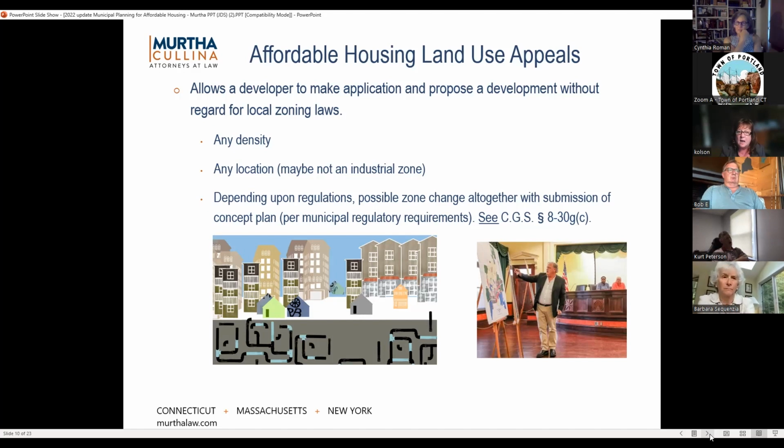Okay. They also could come in with a zone change, with a submission of a concept plan per any municipal regulatory requirements, again, in order to create a multifamily zone where one never existed before. And again, you would be subject to the act.